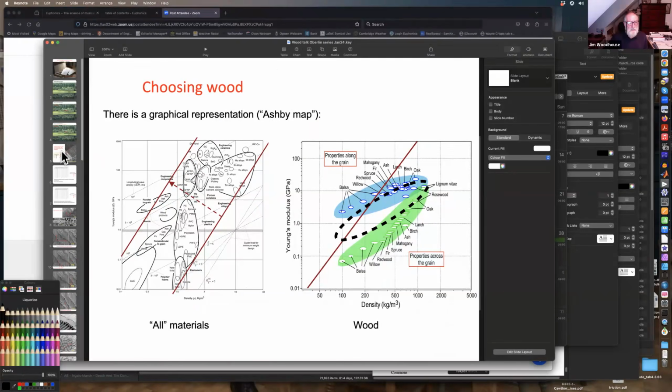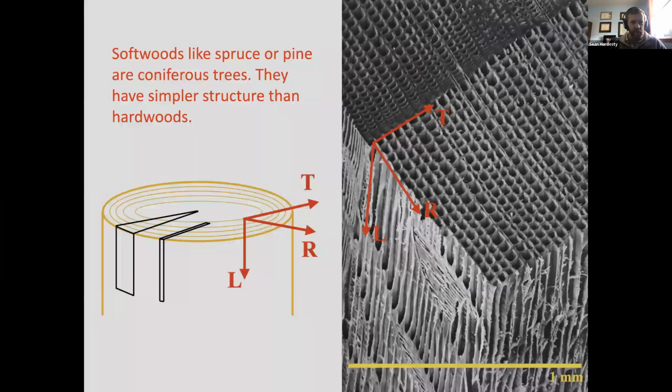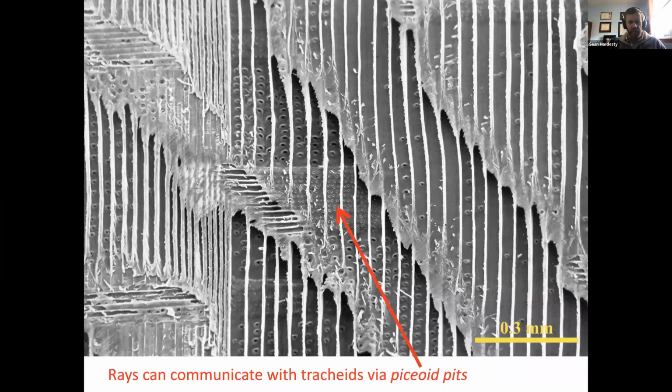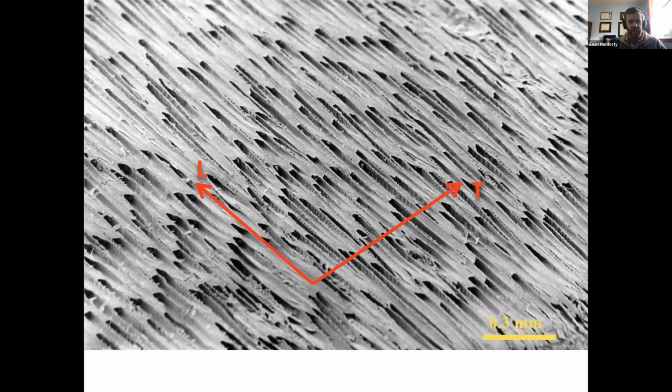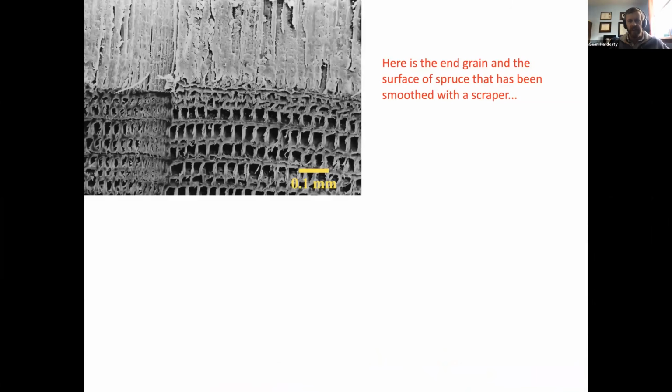So 5 or 6. Oh, I guess it was a little farther than that. It was one of the last of the micrographs, where you said something about a right angle cut, and there was an end grain surface, and then above it there was this smooth surface. This one. I didn't understand what was going on here.